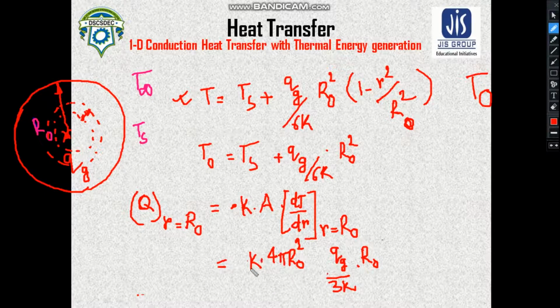The k terms are the same, so they wouldn't be present, and ultimately you are left with this formulation, 4 by 3 pi r0 cube into qg.